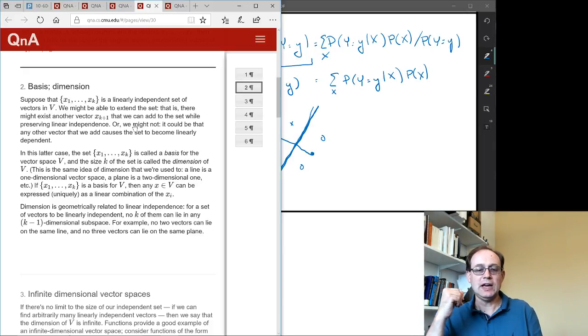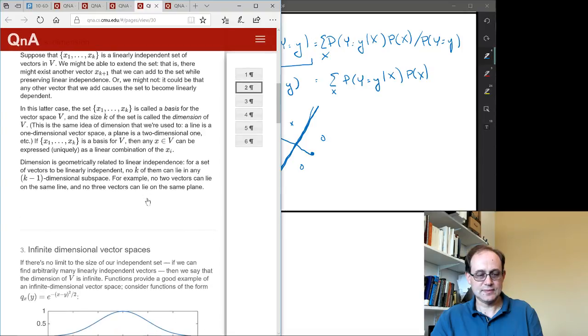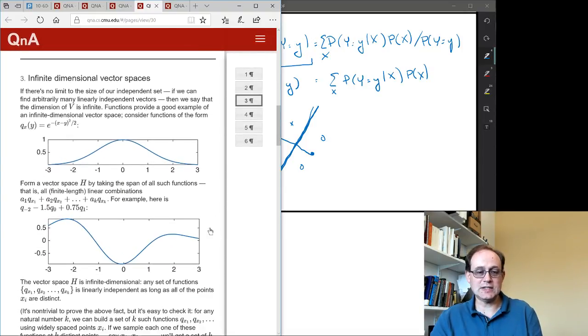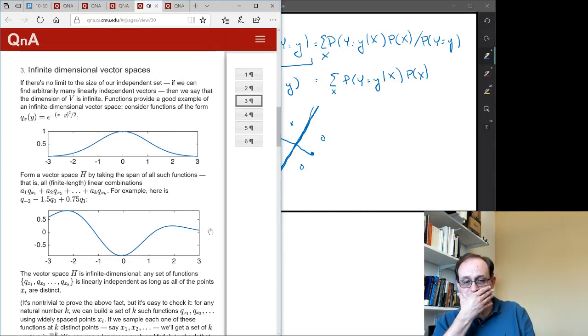If we form it as the span of one vector, that's going to be a line, a one-dimensional set, right? But it allows us to generalize the concept of dimension to any vector space. In particular, we can get infinite dimensional vector spaces. And those are going to be, it turns out, pretty useful, and so we'll talk about them.